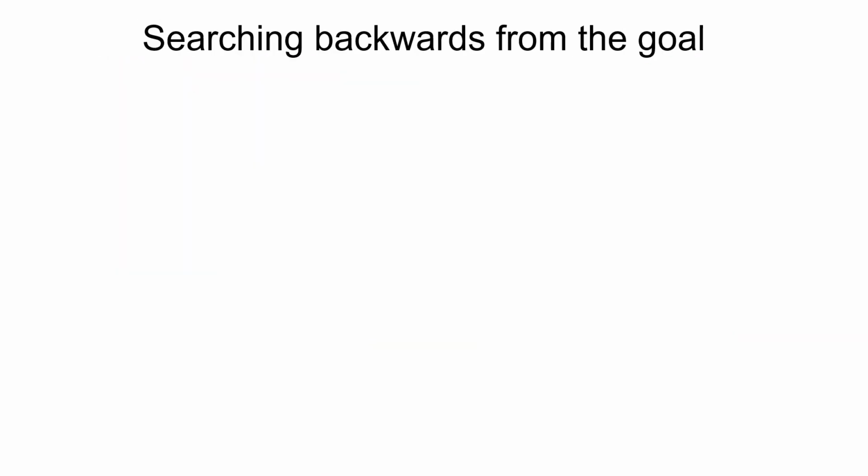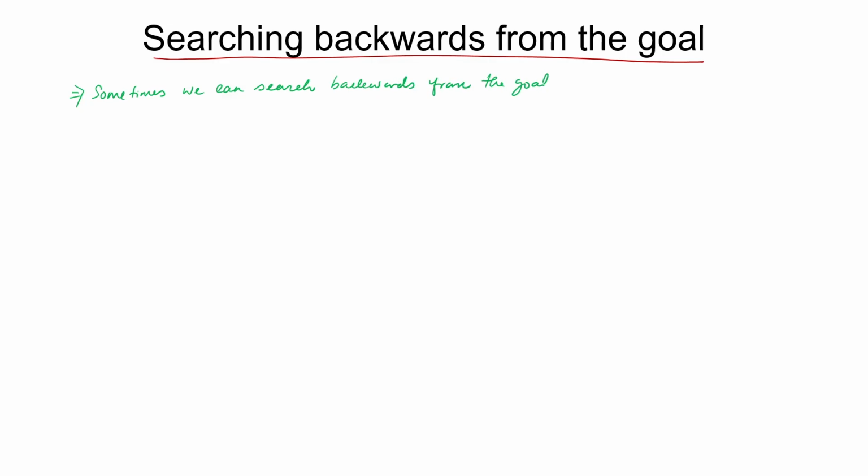So, another thing is now let us talk about searching backwards from the goal. Okay. So, sometimes we can search backwards from the goal. Okay. You can search backwards from the goal.